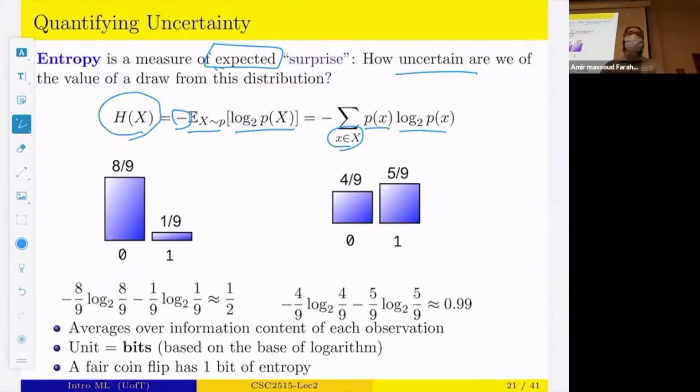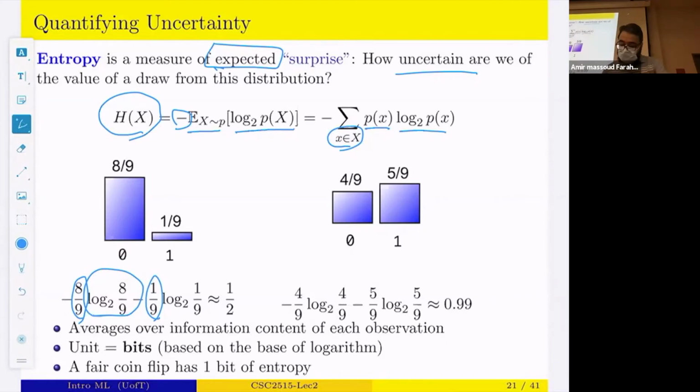Maybe we can see how it works if we do the calculations for the coin from the sequences on the previous slide. With probability 8/9 we have log of 8/9, plus 1/9 of log of 1/9.